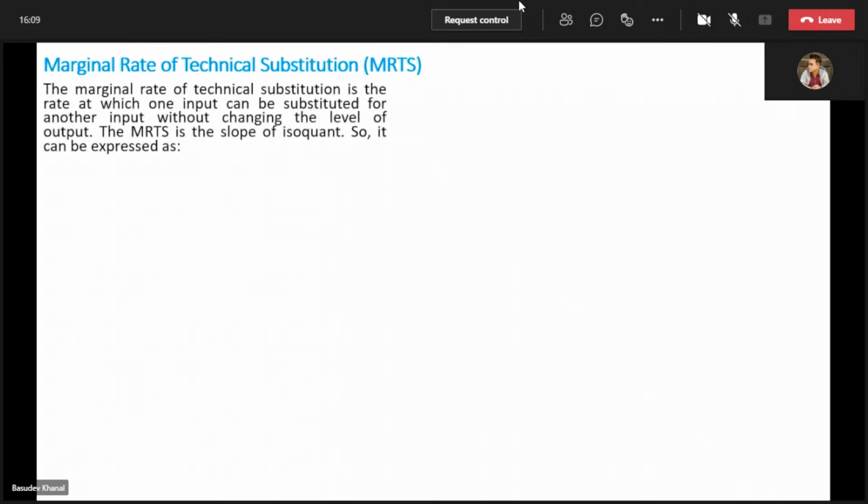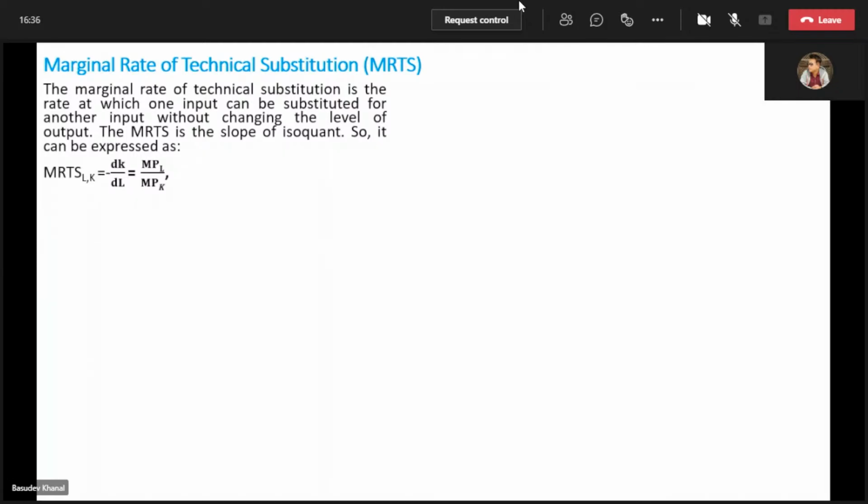The marginal rate of technical substitution is the rate at which one input can be substituted for another input without changing the level of output.